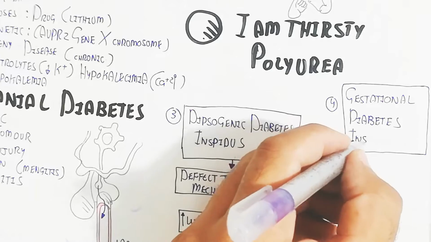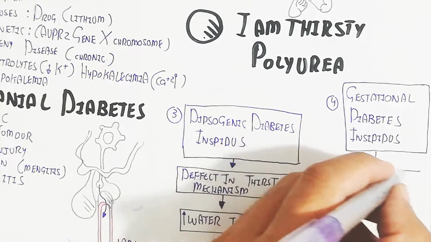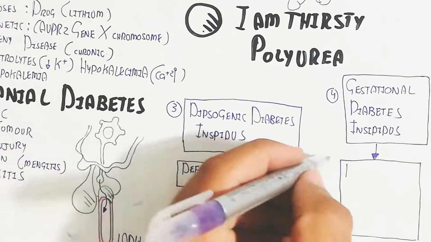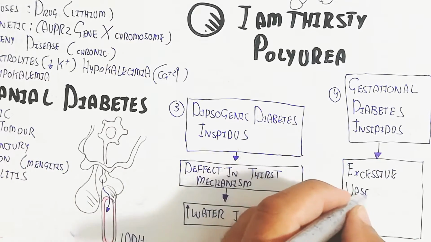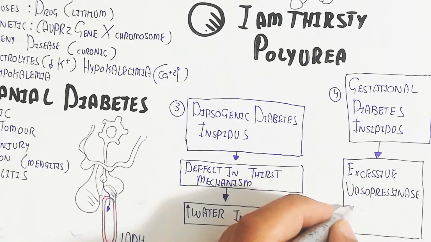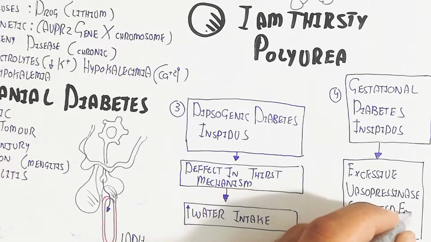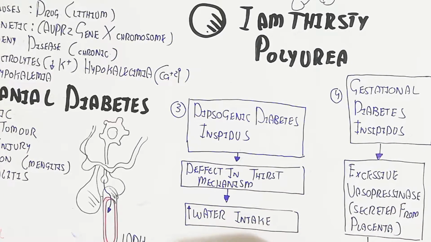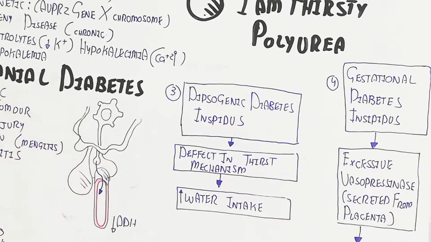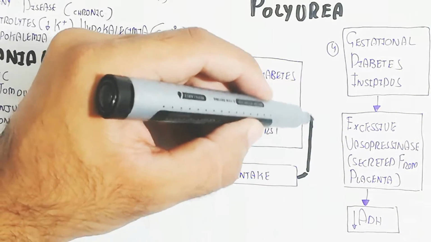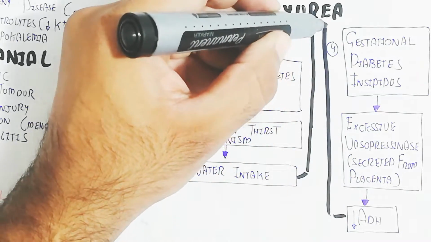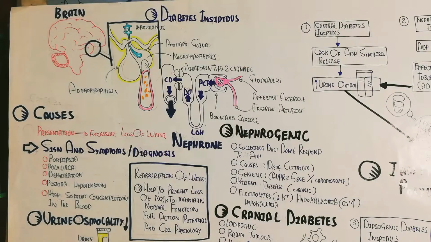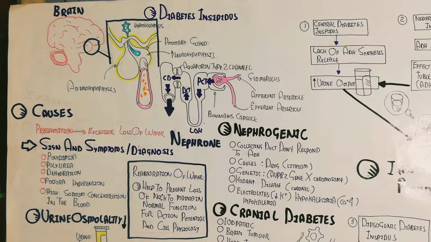In this, excessive vasopressinase enzyme secreted from the placenta breaks down the antidiuretic hormone, leading to diabetes insipidus. Central diabetes insipidus is also known as cranial diabetes insipidus. I hope this makes sense.